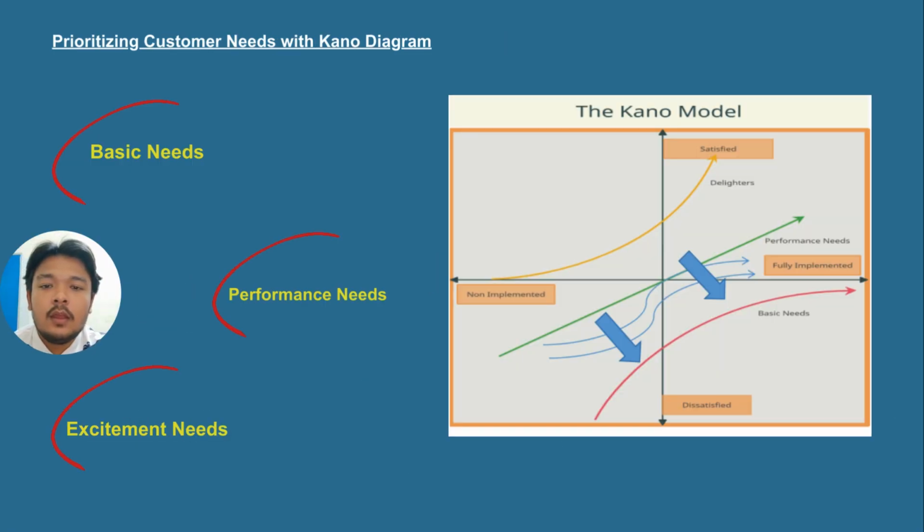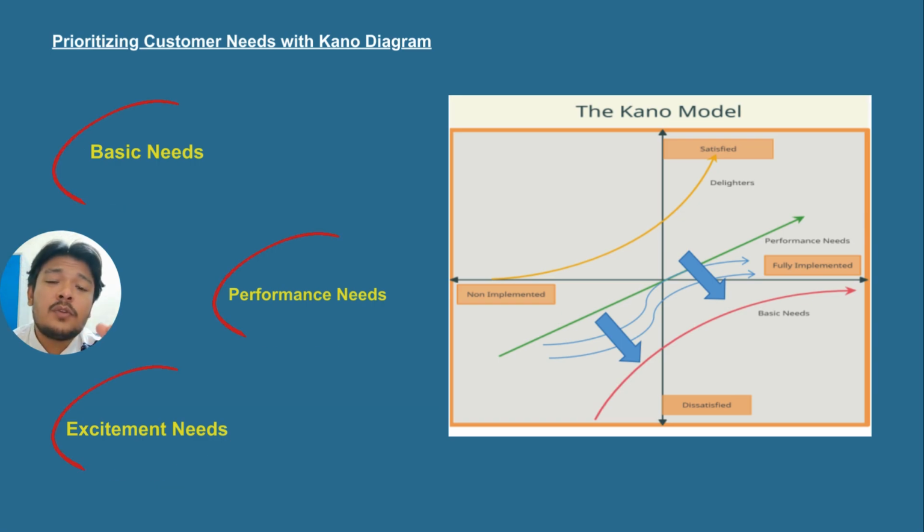A Kano diagram is a powerful framework used to analyze and prioritize customer needs and expectations. It helps us understand how different features and aspects of the software development process impact customer satisfaction. In the Kano model, we have 3 categories. First, basic need. Second, performance need. Third, excitement need.